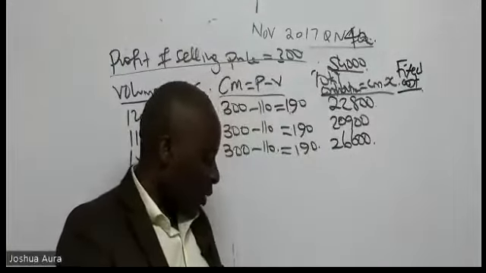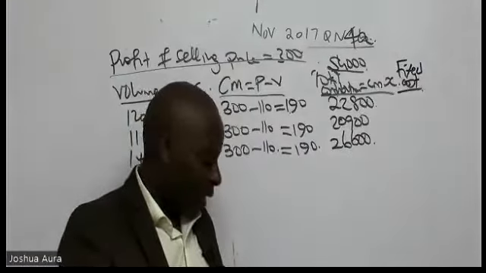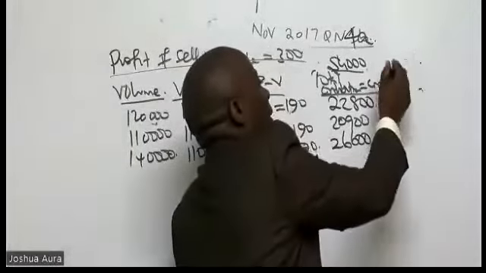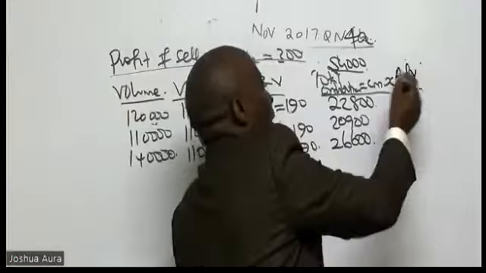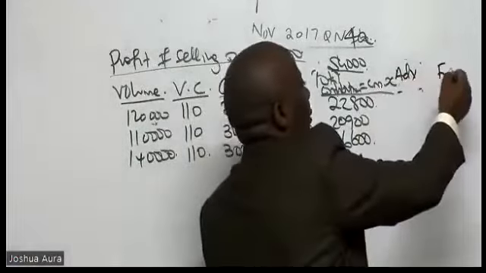They have told us that we have an advertising cost of 9 million per annum. So we have advertisement, and then we have a fixed production.